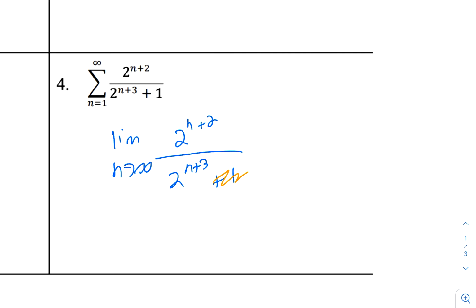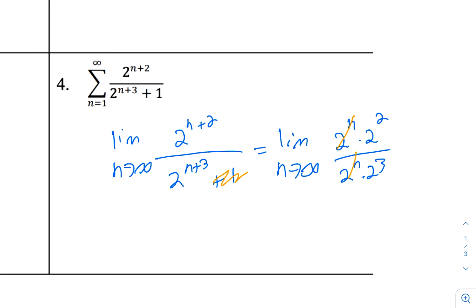I'm going to rewrite this as 2 to the n times 2 to the second over 2 to the n times 2 to the third. What we can see is that these 2 to the n's cancel, and I have a limit that is not 0. I have a limit of 4 over 8, which is 1/2. Now what that means is this diverges.